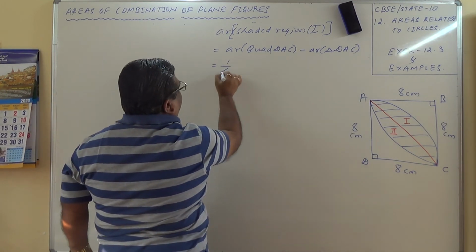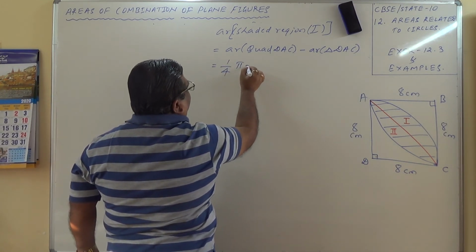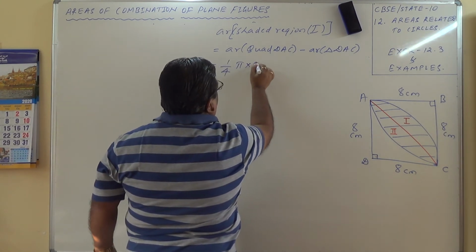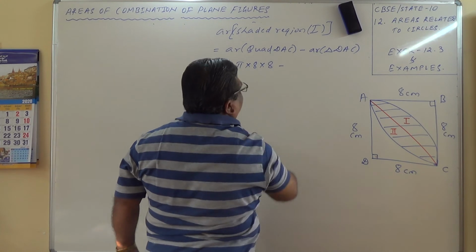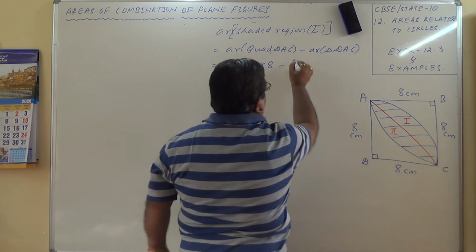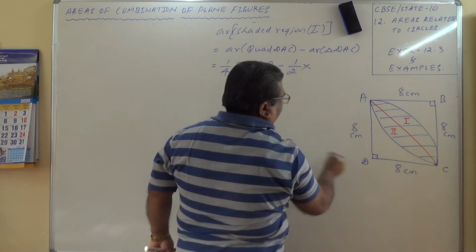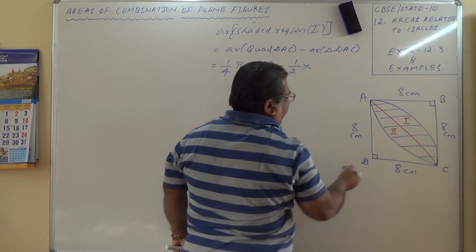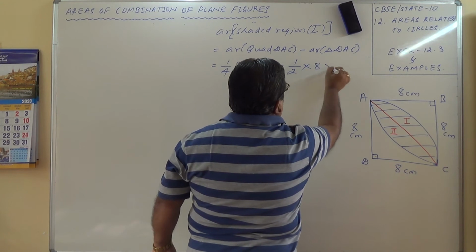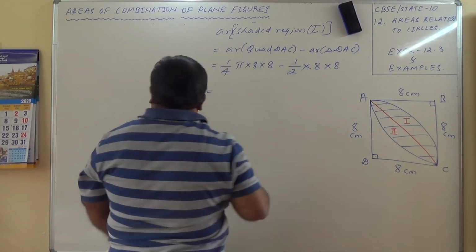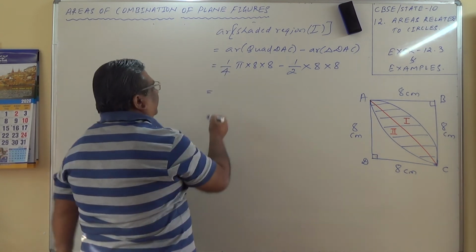Area of the quadrant is 1/4 pi r square, radius is 8 into 8, minus area of the triangle DAC, which is half into DC into AD, so 8 into 8. What is the value of pi he has asked us? 22 by 7. I'll take it.